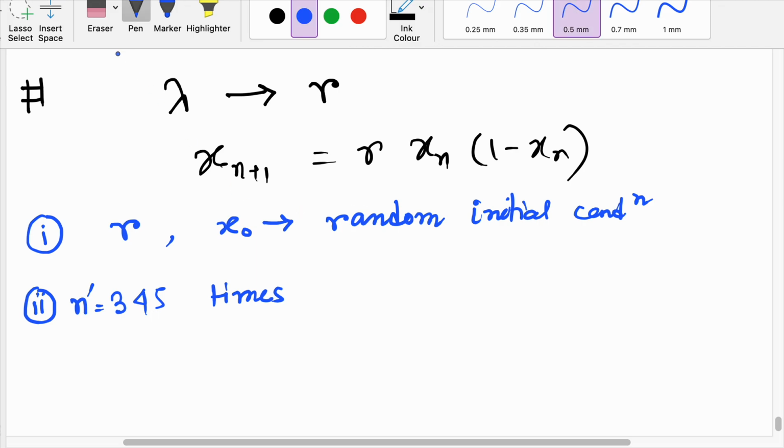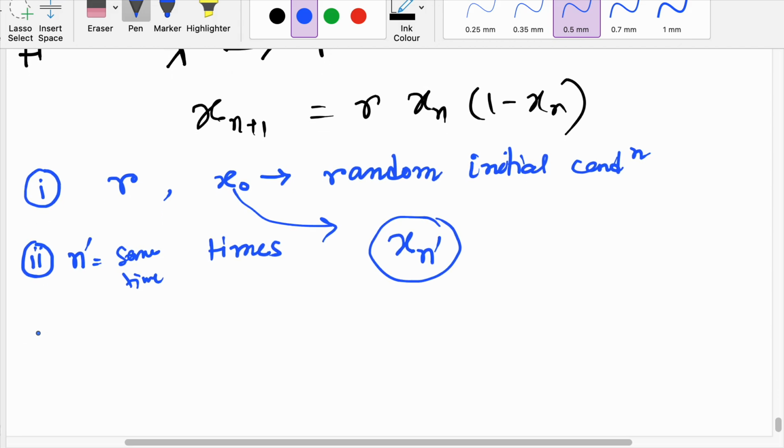So first of all you have to iterate for some time. You iterate n prime times, and then you will get a value x n prime.